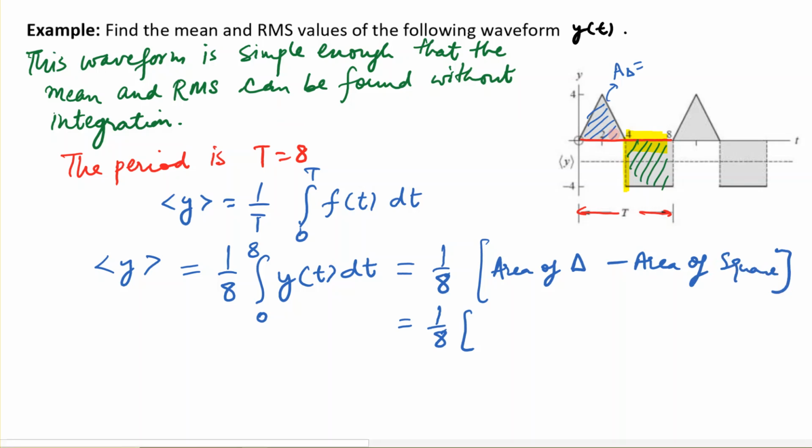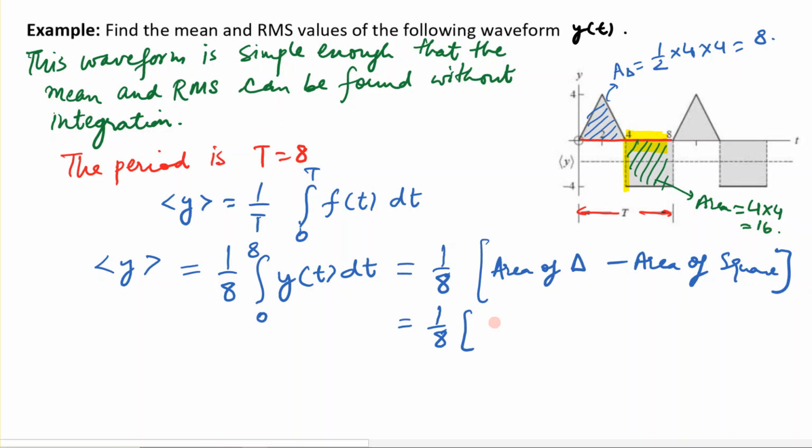So area of triangle is half base times height. So base is 4 and also the height is 4. So we get 8. And similarly, if we look at the area of the square, the area is 4 times 4, which is 16.